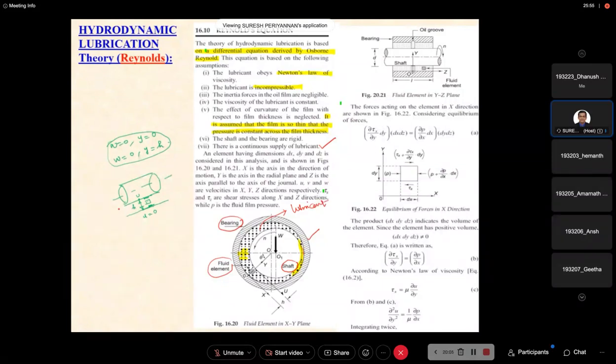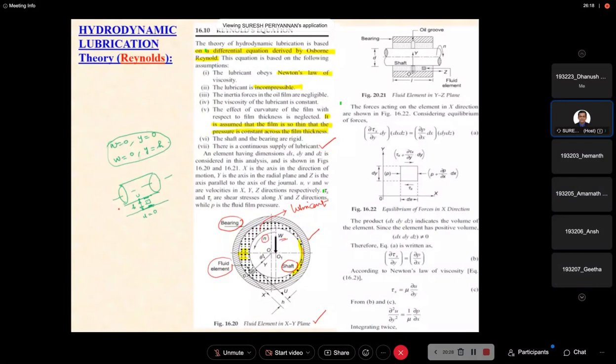The load W is acting on the journal, and N is the speed of the journal or shaft. Now we are in the XY plane view, and he considered a small fluid element.